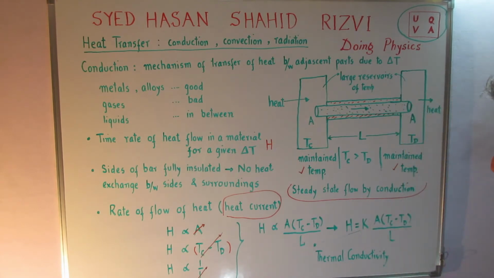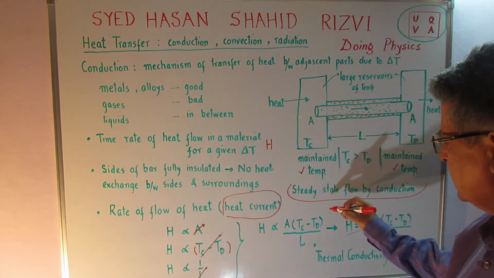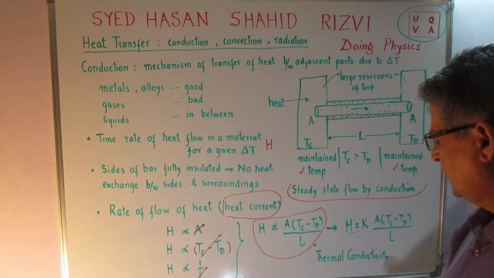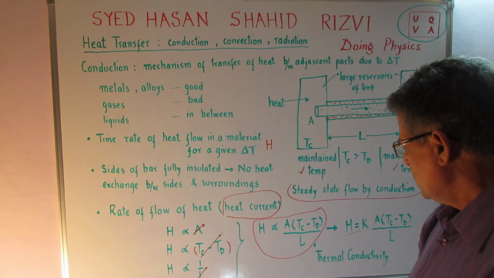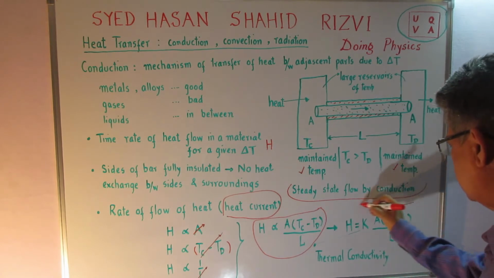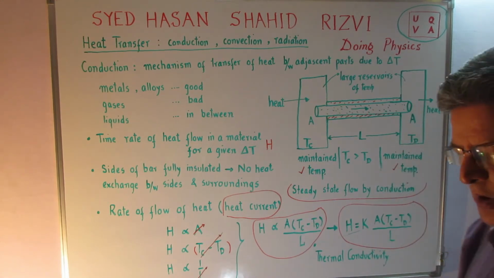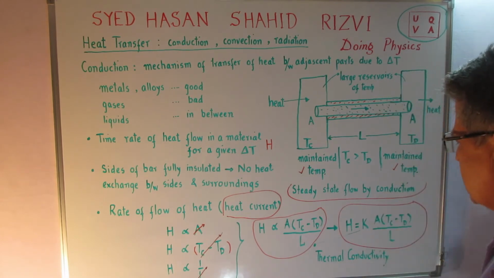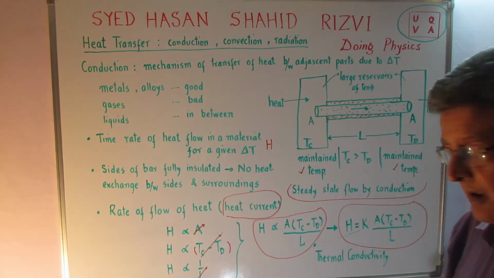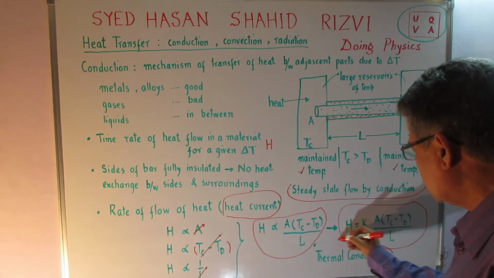So what we find is that if we use what is called the principle of mathematical consistency, then I can write that H is proportional to the product of all these variables, A, Tc minus Td, and 1 upon L. Okay, so because these are the only things, we obtain a relation that the heat current H is equal to, like all cases, a constant of proportionality capital K into A into Tc minus Td divided by L, where this K is called the coefficient of thermal conductivity or simply thermal conductivity.